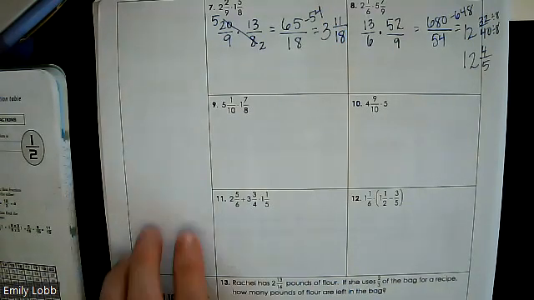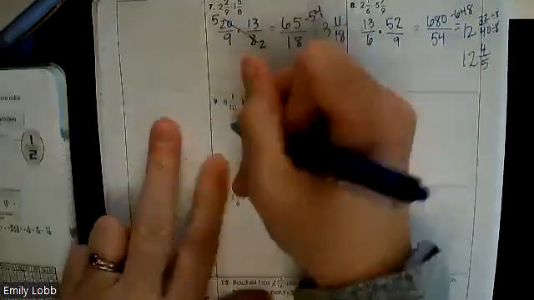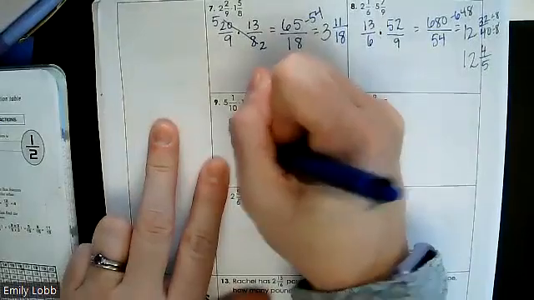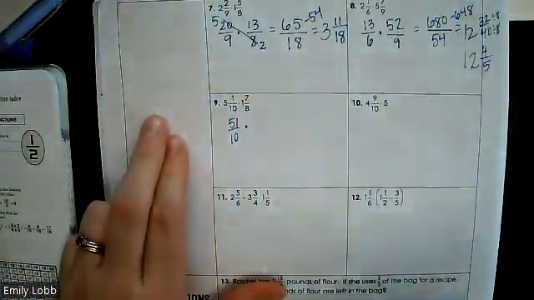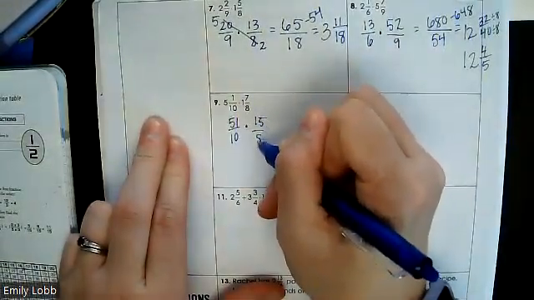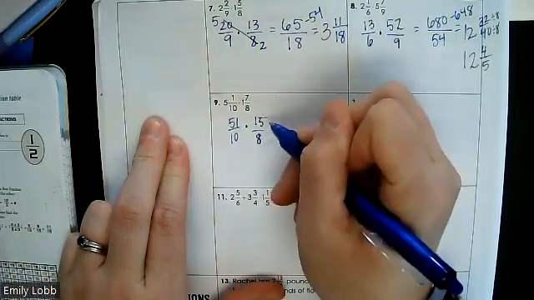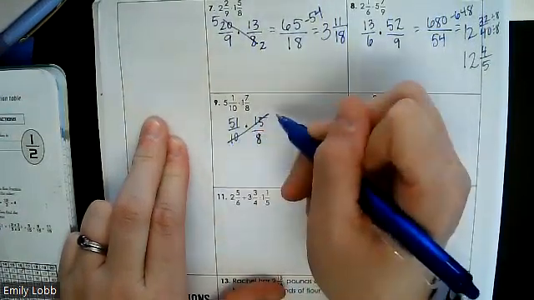All right, 10 times 5 plus 1. 8 times 1 plus 7. So I can take what out of here? 5.